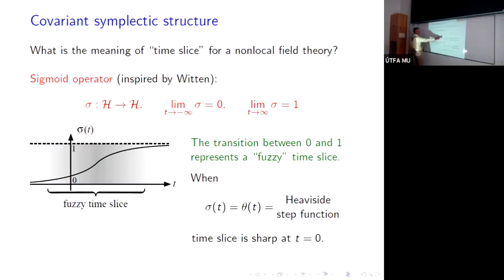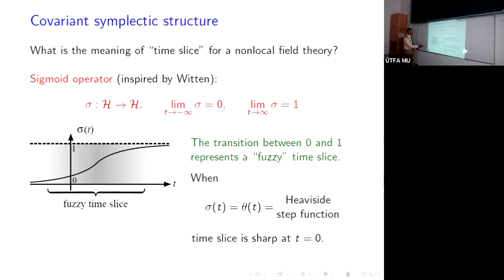In the infinite past, the sigmoid operator should be zero, and in the infinite future, it should be the identity operator. So when we introduce this operator, we're implicitly assuming that we have a field theory which has some notion of time, and there's some infinite past and an infinite future. We're putting that in the definition of the sigmoid operator and its boundary conditions.